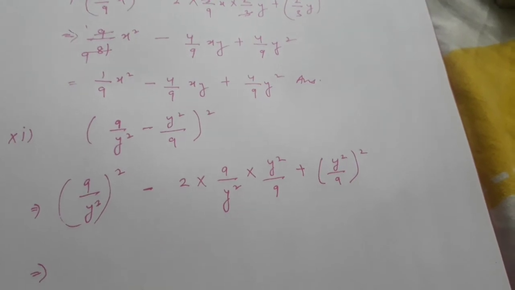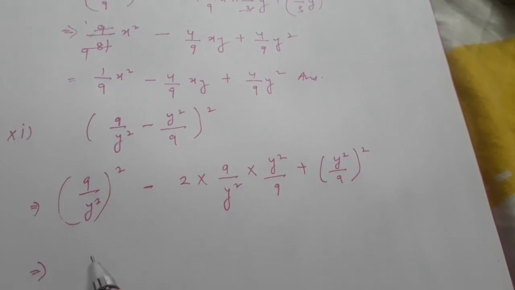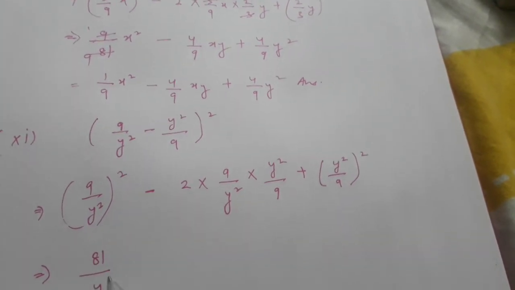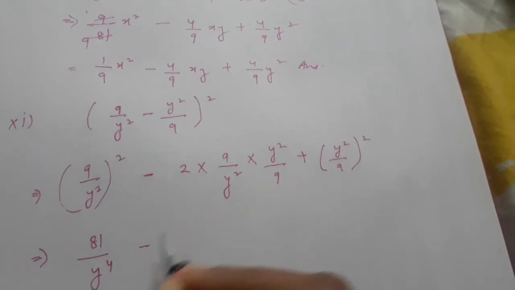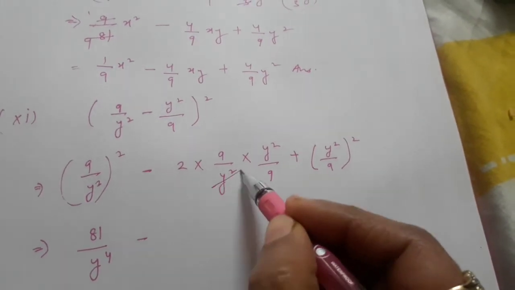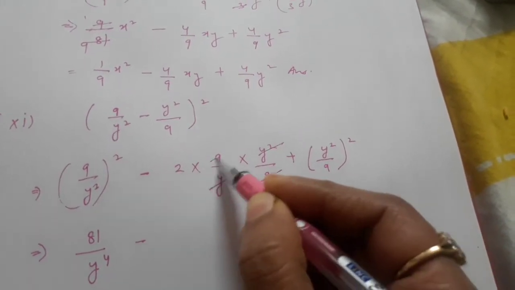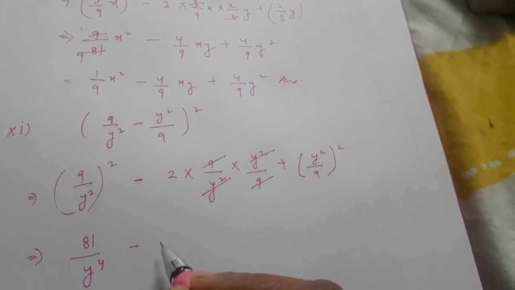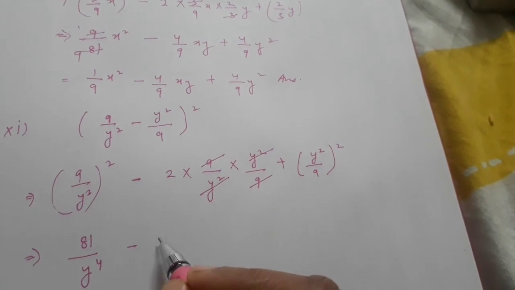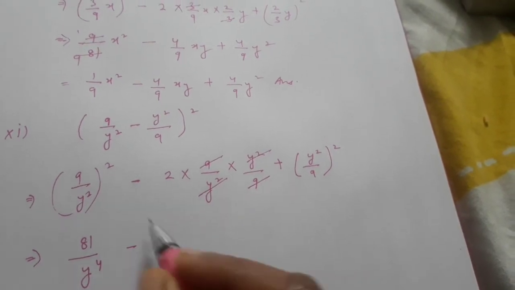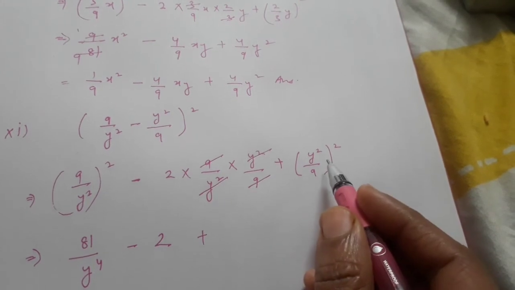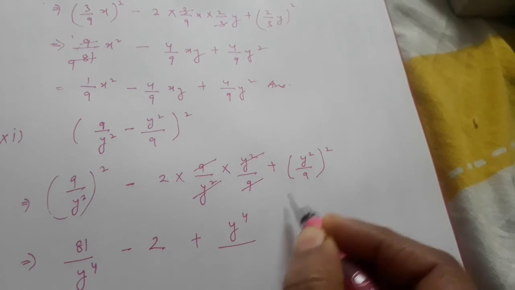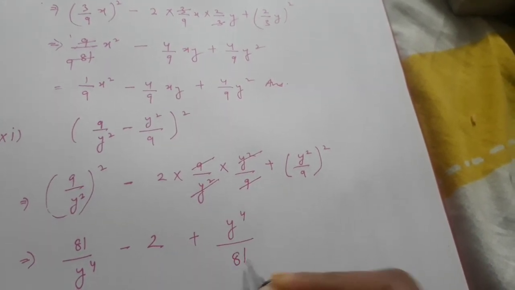So 9 squared would become 81 and (y²)² would become y⁴. Now 9/y² minus y²/9: y² will get cancelled with y² and 9 will get cancelled with 9. So we are left with 2 only, minus 2, and (y²)² would become y⁴ and 9 squared would become 81.